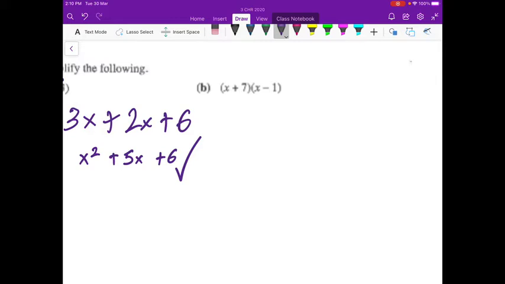Multiply x times x, what do we have? Just write normally. X times x is x squared.